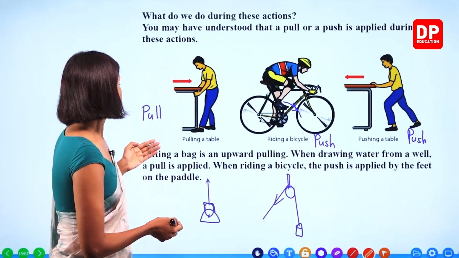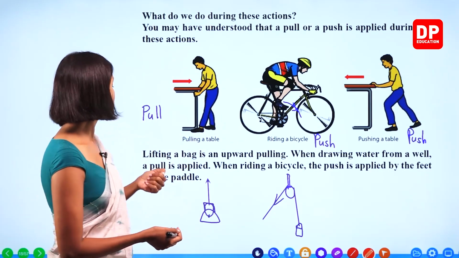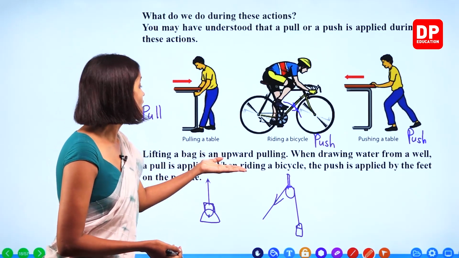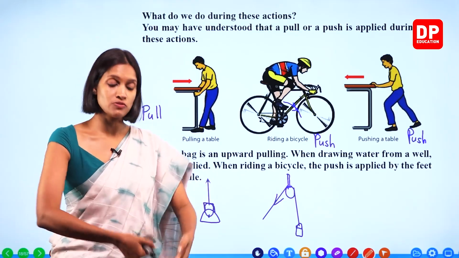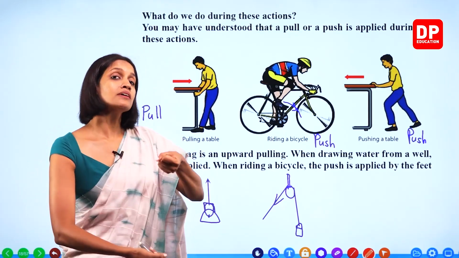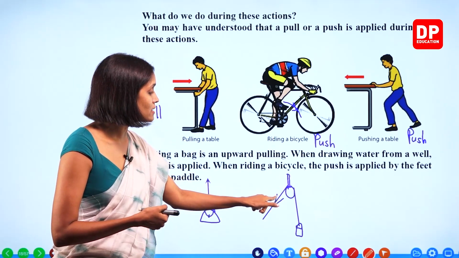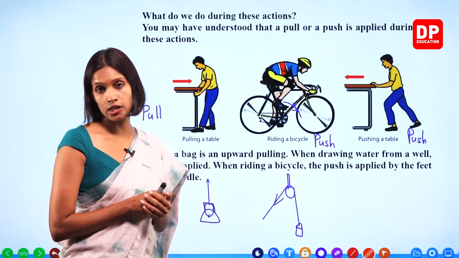So lifting a bag is an upward pulling. When drawing water from a well, a pull is applied. If we draw water without a pulley, we just have to draw water by using an upward pulling. If you use a pulley like this, it is a downward pulling.